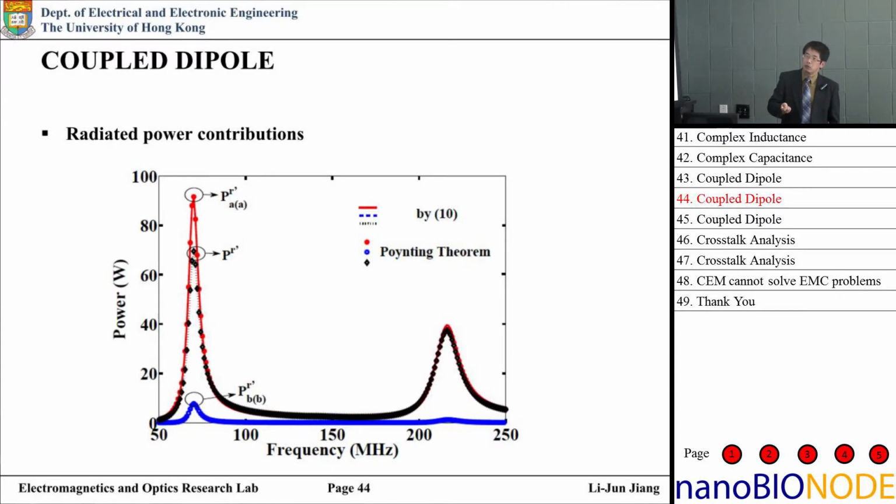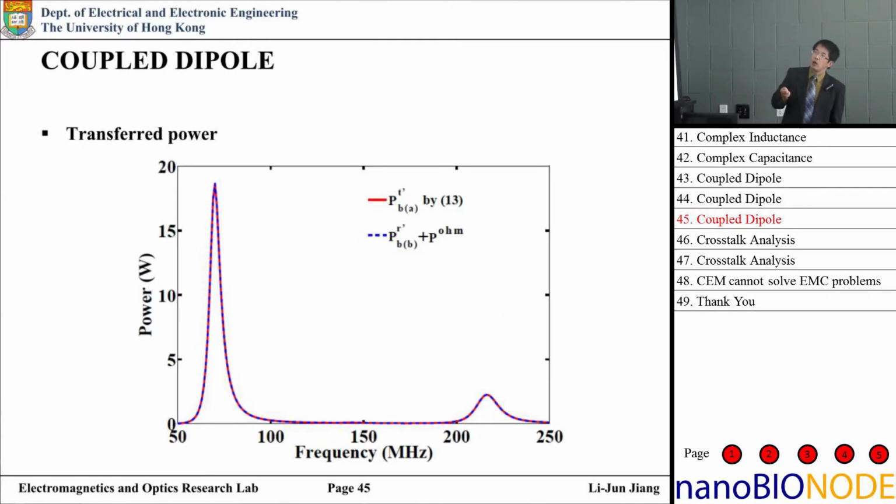This is the fundamental frequency, this is a harmonic. And we could say that they have higher radiated power, but the total radiated power is not exactly equal to the radiated power of the first single one, because you have the coupling. The coupling can be negative. The contribution of coupling radiated power could be negative, which means its radiation is destructive, not constructive.